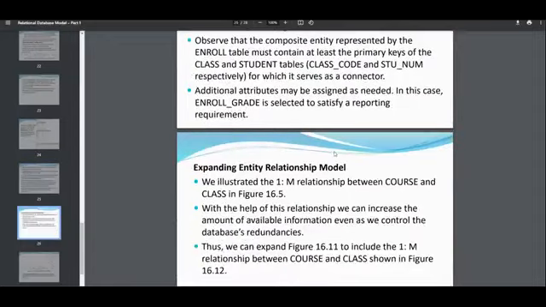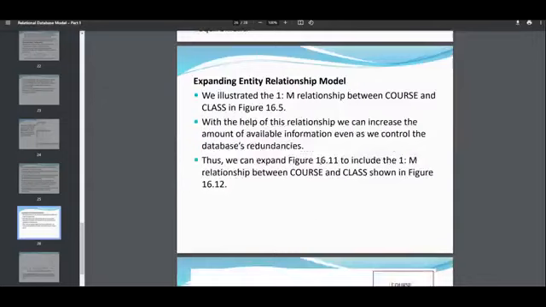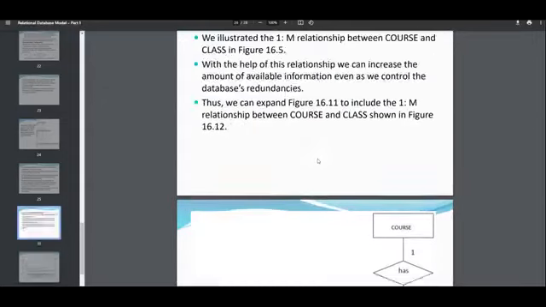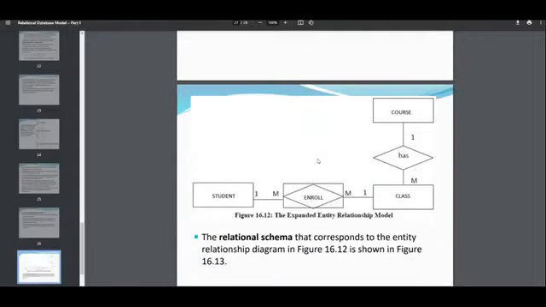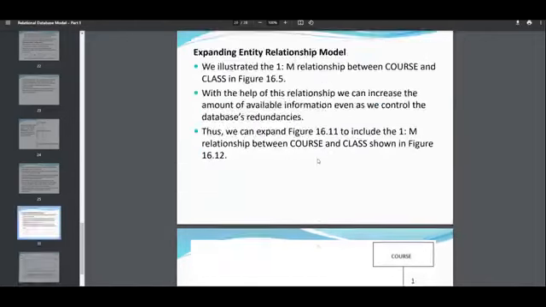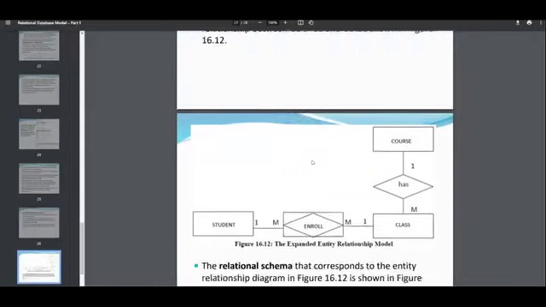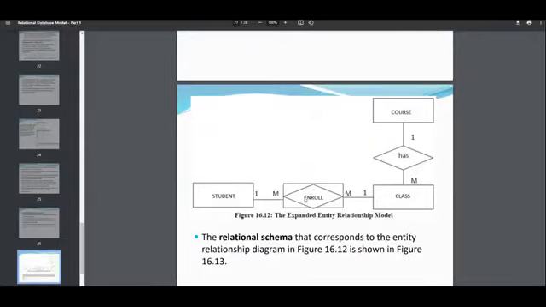Then expanding the entity relationship model. Expanding. So here is the diagram, right? With the composite entity, entities are there, and relationships are also there between class and course.